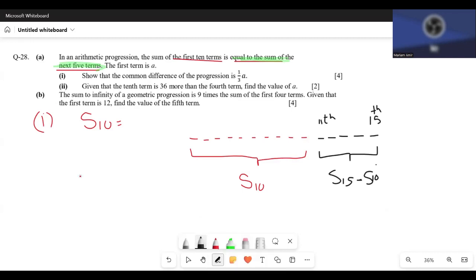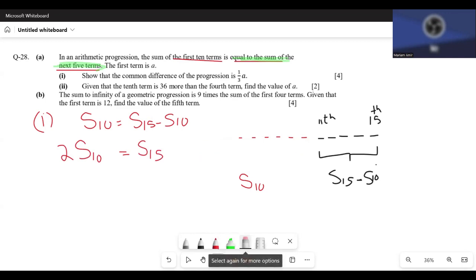If the sum of the first 10 terms is equal to the sum of the next 5 terms, we can write S10 equals S15 minus S10. Rearranging, we get 2 times S10 equals S15.